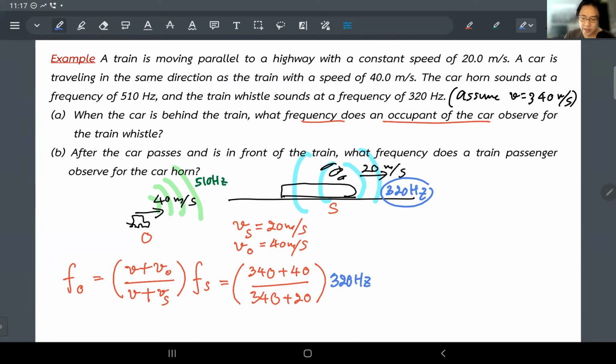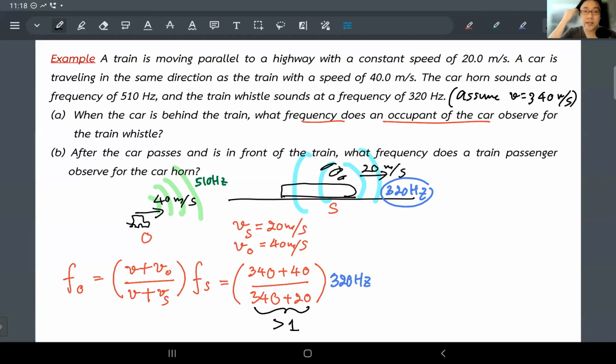If you look carefully at the number you're getting here, you will notice that it is larger than 1. That means you're going to hear a higher pitch if you are a passenger in the car, and the scenario looks pretty okay. Why?